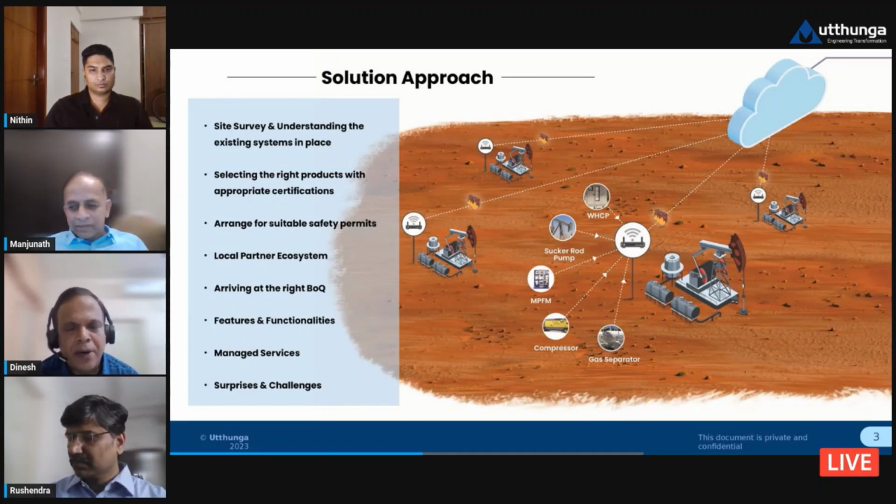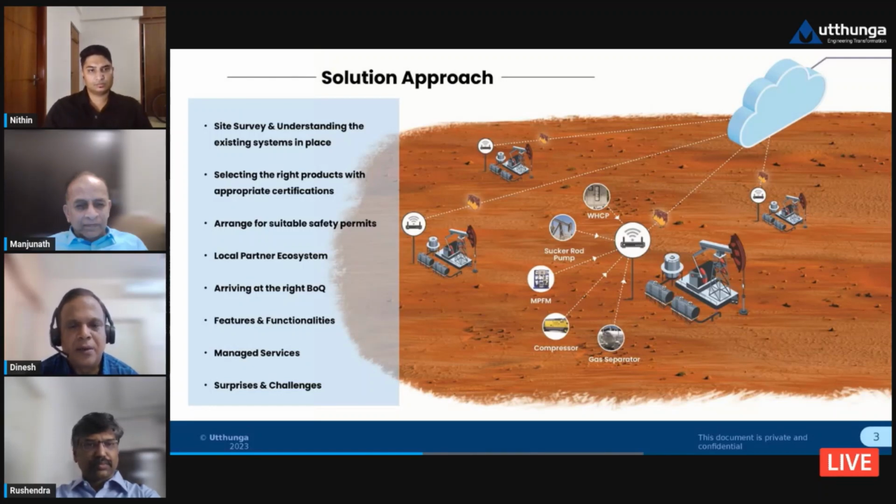And apart from understanding the ecosystem, the environment, and the other resources available, we also need to make sure that we have the right ecosystem partners around for putting these solutions in the field.